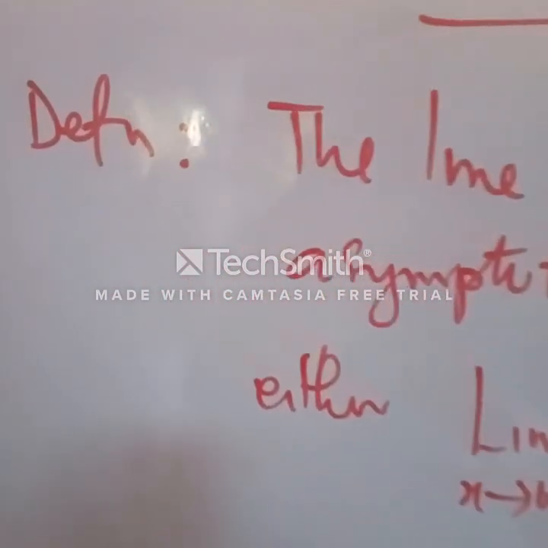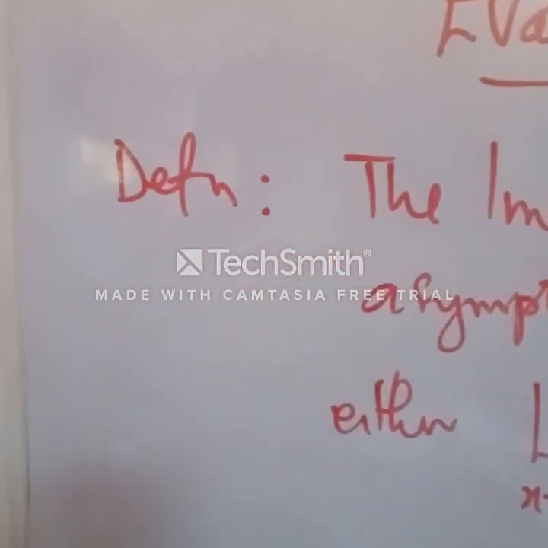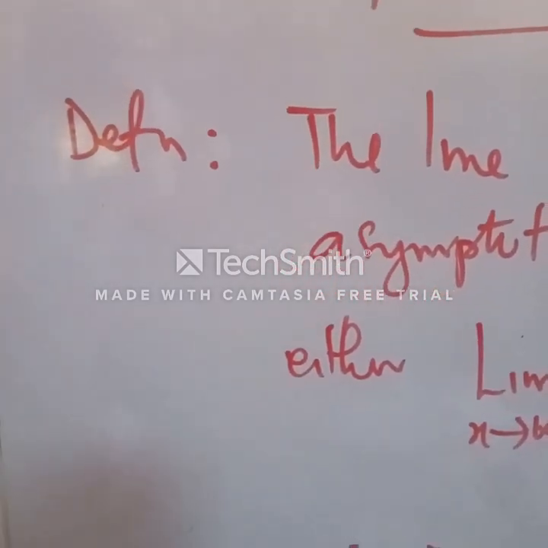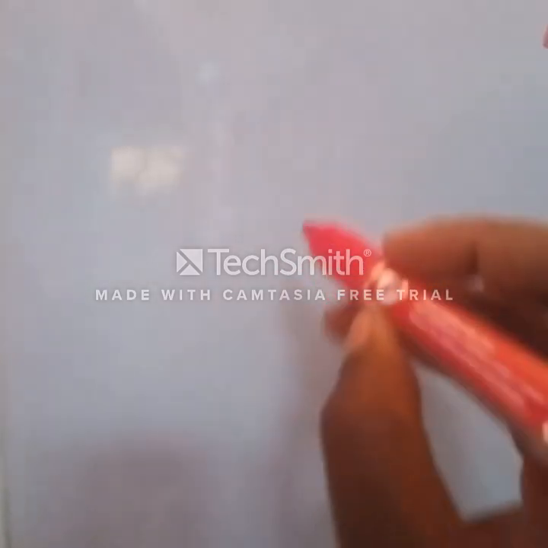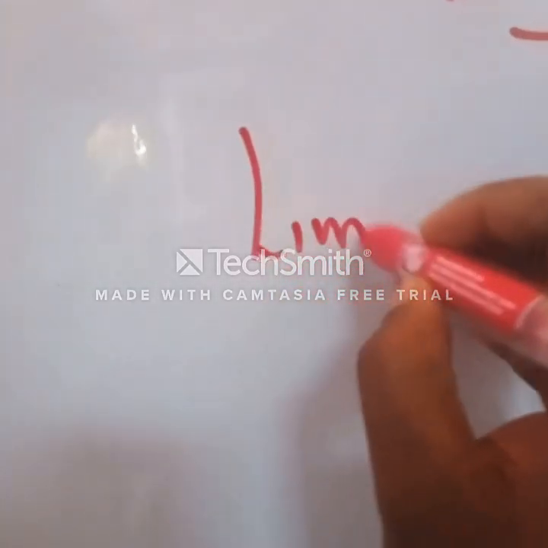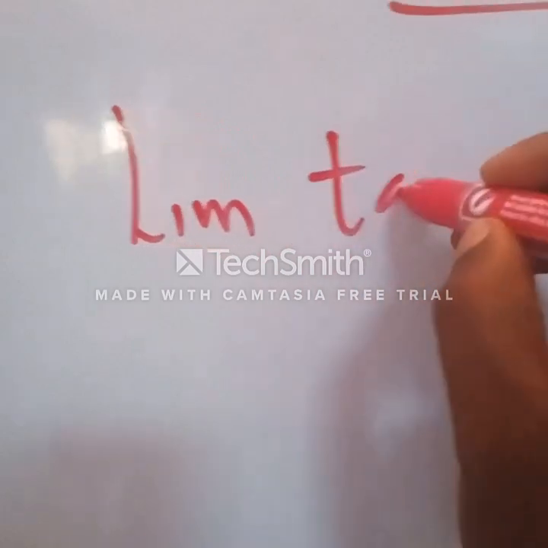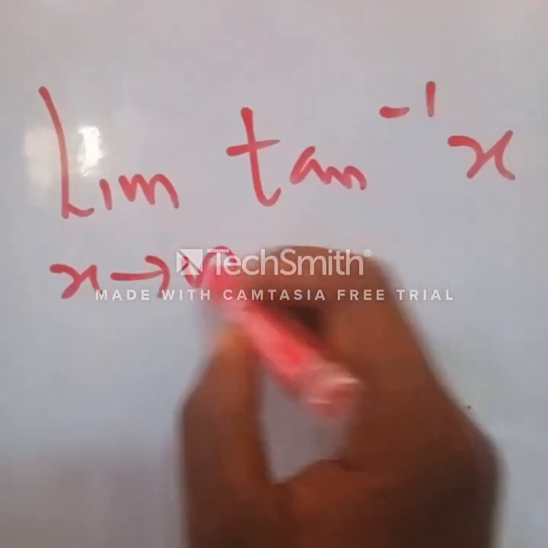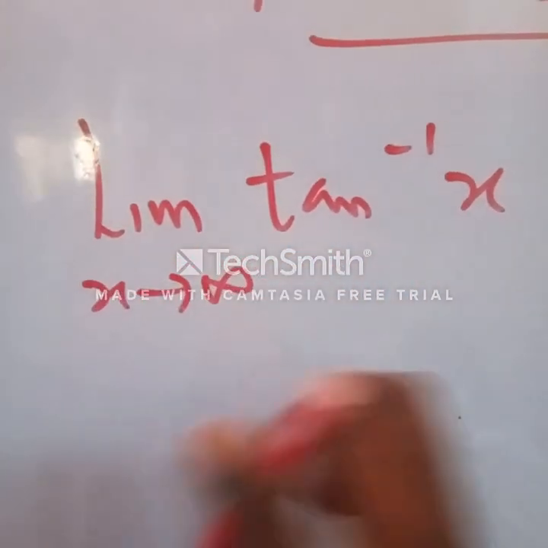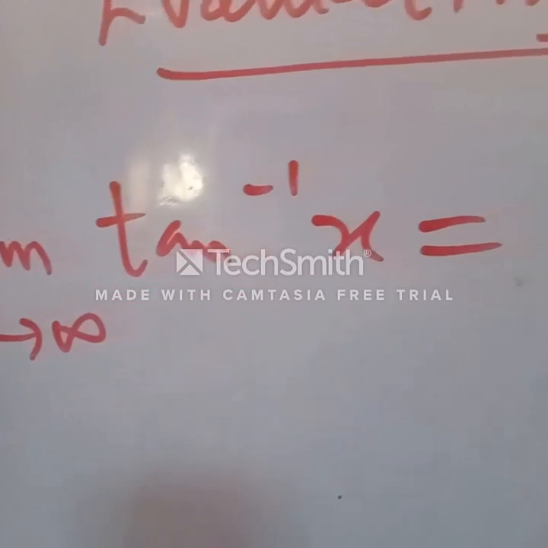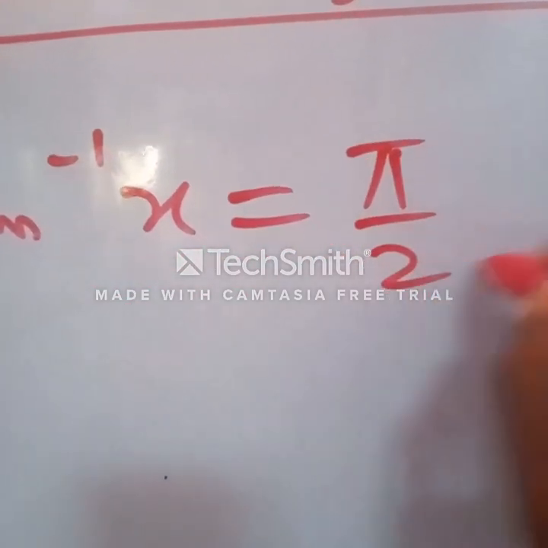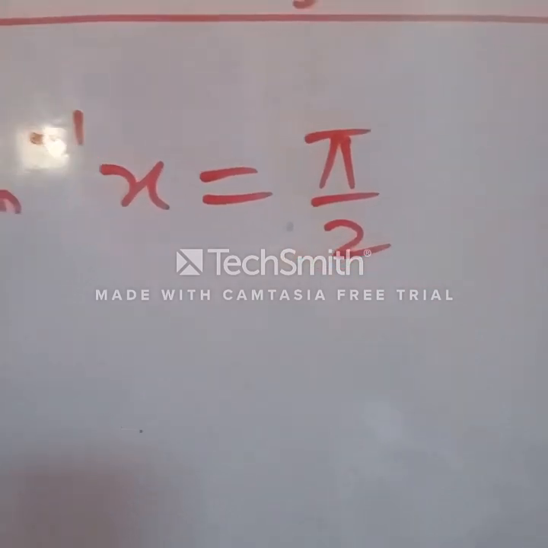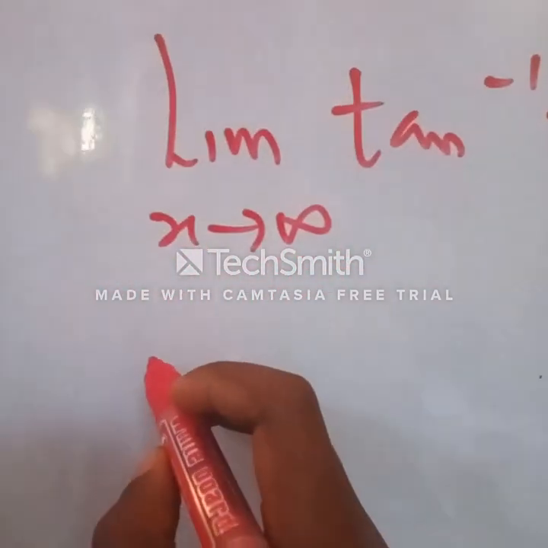Another example which has two horizontal asymptotes is the function f of x equal to tan inverse of x. If you are given the limit of tan inverse of x when x tends to positive infinity, this gives us pi over 2 in radians or 90 degrees.